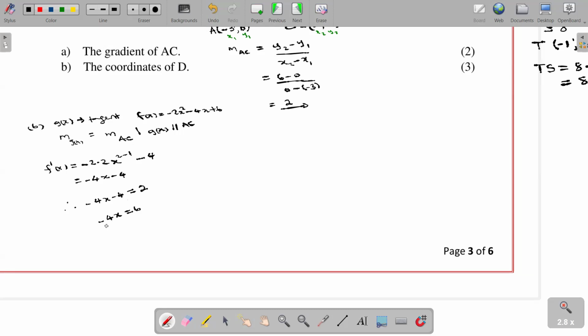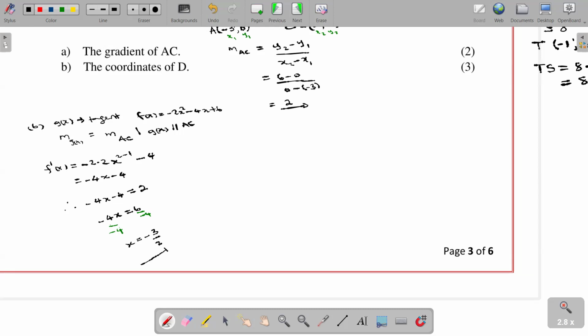Then simplifying that, we divide both sides by a negative 4. So conclusively, we can now say that our x is equal to negative 3 over 2.